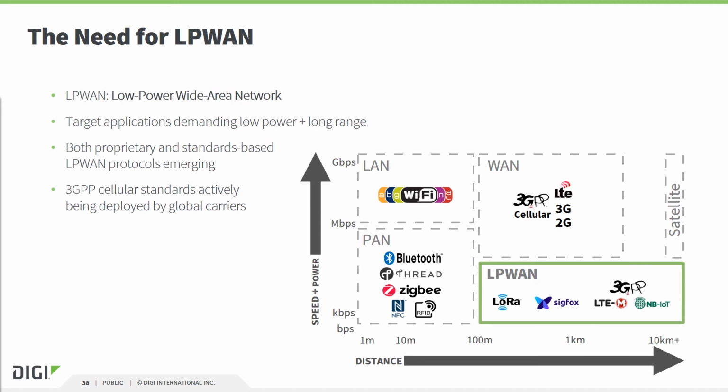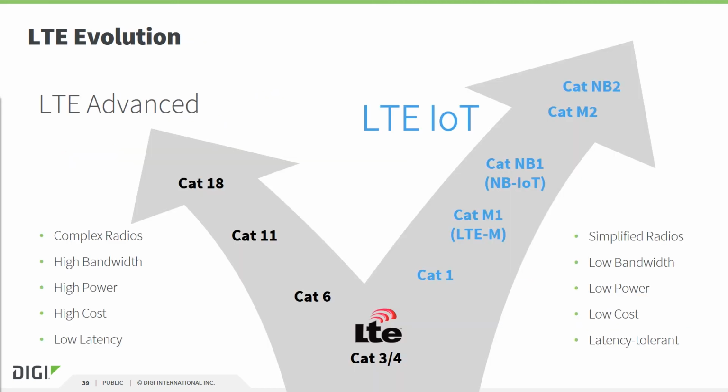Digi provides RF products supporting several cellular technologies such as 3G, Cat1, LTE, and narrowband IoT. LTE IoT is a branch of the general LTE technology focusing on simple radio, low bandwidth, low power, and of course, low cost.